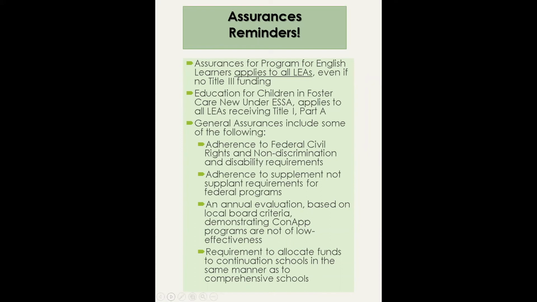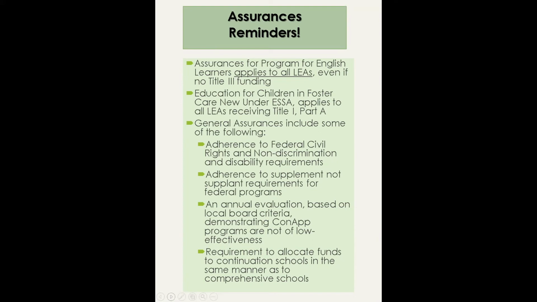The general assurances include adherence to civil rights and non-discrimination requirements, and supplement, not supplant requirements. One that sometimes gets lost is the annual evaluation. People say, where did that come from? Well, if you look in the assurances, it says you assure you'll have an annual evaluation based on your local board criteria, showing that all your programs in the consolidated application are not of low effectiveness. So what's that criteria? What does it look like?